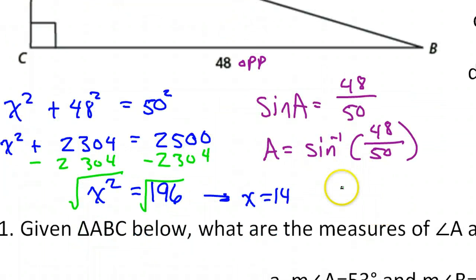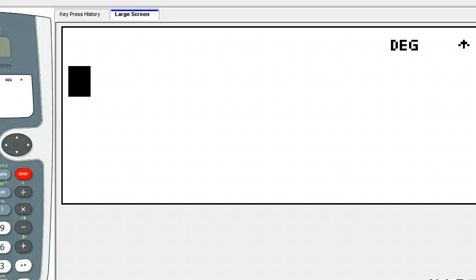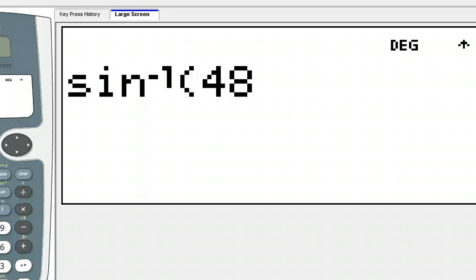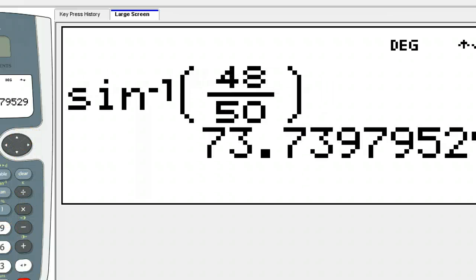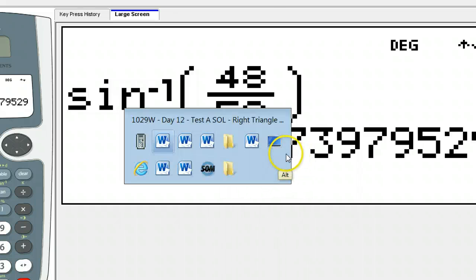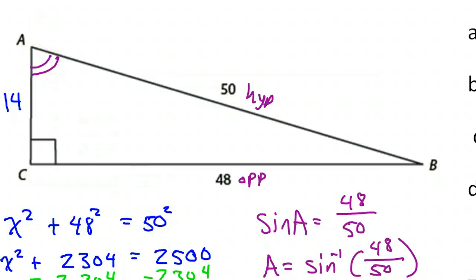Inverse sine. Okay, so I can just put this in the calculator. If I want inverse sine, I hit second sine of 48 over 50. Alright, so that is 73.7 degrees. So I'm going to fill that in.